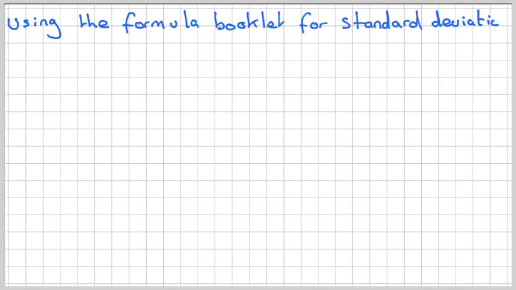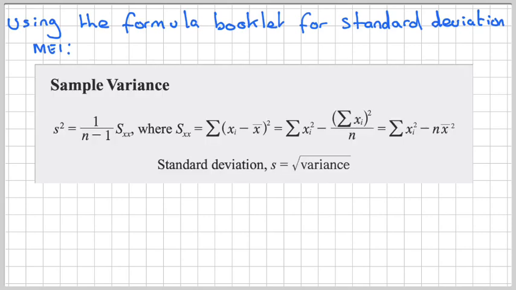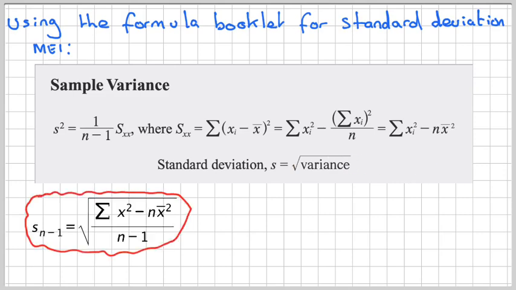Now, like I said, if you use the formula booklet for the standard deviation, for MEI, this is what's given in the formula booklet, which is quite horrendous, but it actually is not that bad if you think about it. So here is our formula. This bit here, in the numerator, you can get from here.